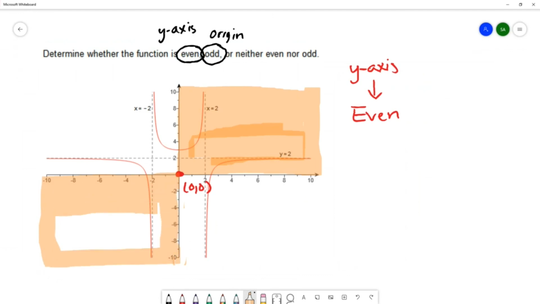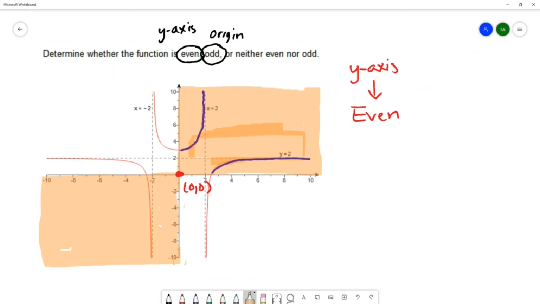So in those opposite quadrants, you can see that we do not have a mirror image. You can see this piece of the graph here, and there's no mirror of that in the third quadrant. You can see this piece of the graph here, and there's no mirror of that in the third quadrant.